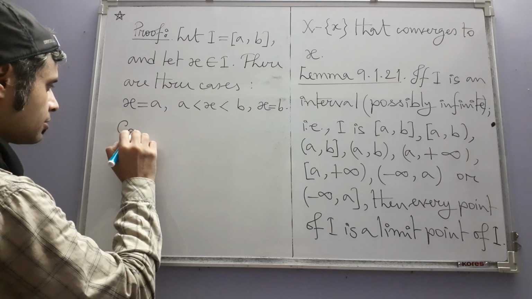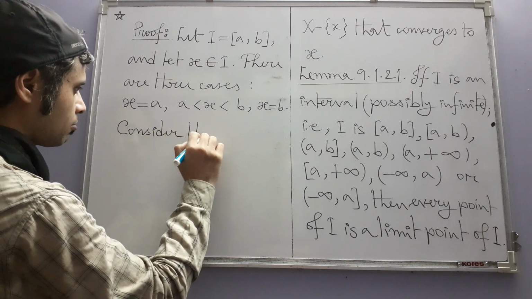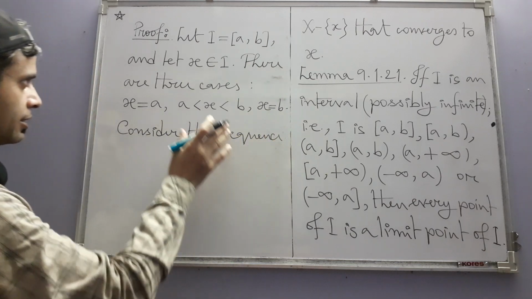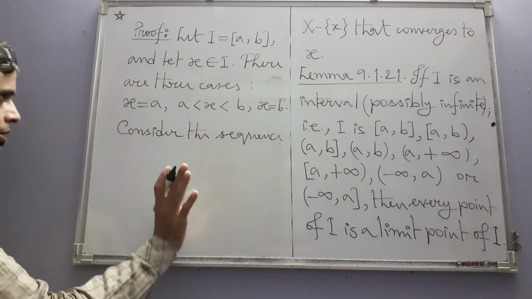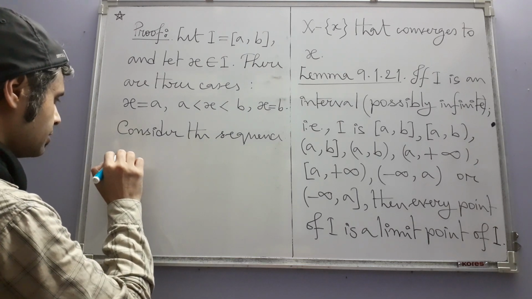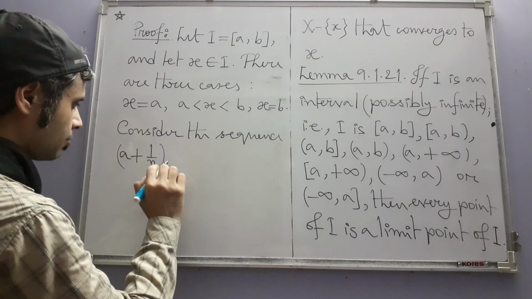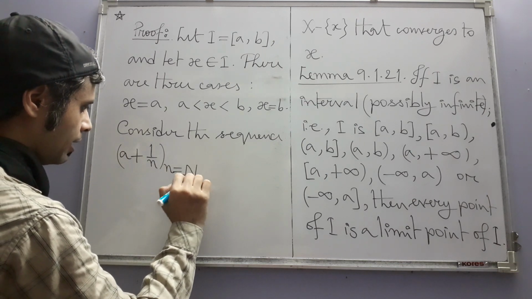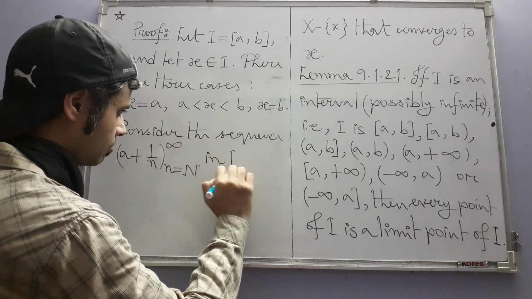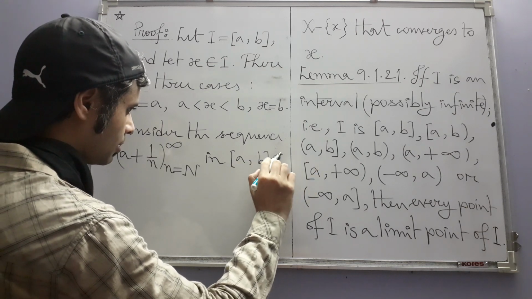And to find such a sequence, you can do this. Consider the sequence. You can understand that what I am writing is really not a proof, it's only a hint. Consider the sequence a plus 1 over n, where n varies from capital N to infinity, in [a, b], that is I, same thing.